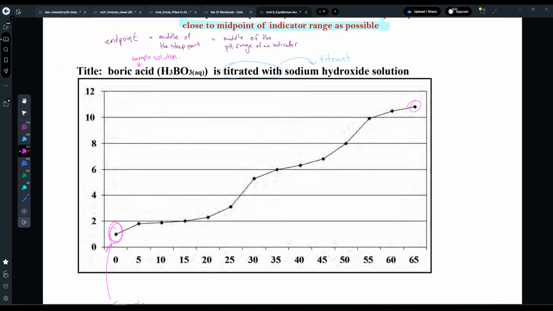And then looking at the very end here, the pH at the end of your curve corresponds more closely to the pH of your titrant. Since this is approximately a pH of 11, it makes sense that our titrant is sodium hydroxide. That's a strong base. How we know it's a strong base is any metal ion that's paired with hydroxide is a recipe for a strong base.